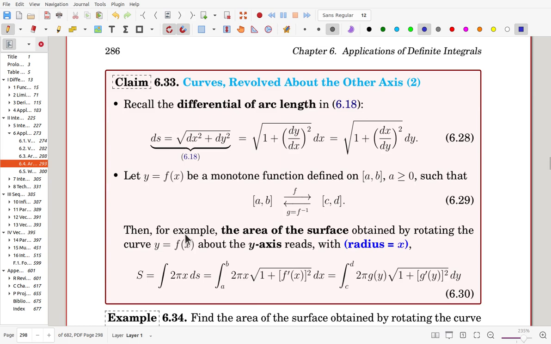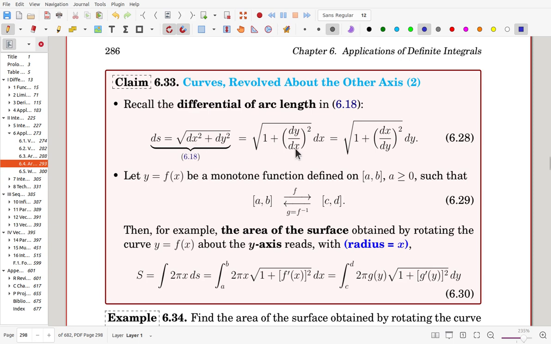Now here, we'll consider the cases of curves revolved about the y-axis. We'll approach this a little bit differently. Recall the differential of arc length. Earlier we considered that ds is the same as the square root of dx squared plus dy squared.